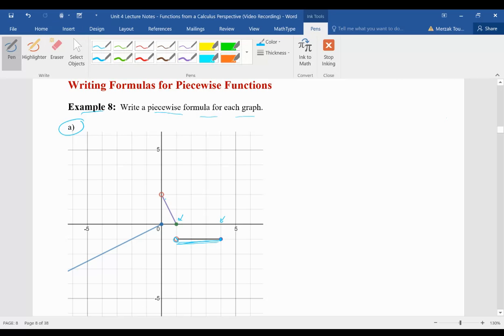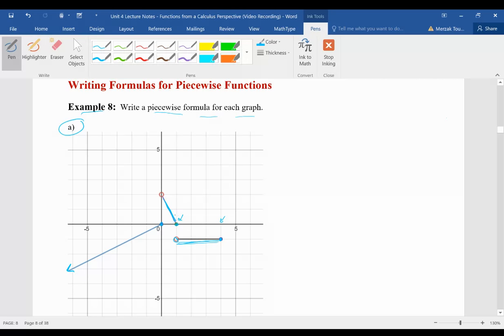Now the other segment, this one over here, it starts at x equals 0 and it stops at x equals 1. However, at x equals 0, we have an open circle. And the third one, I'm missing something in here, so it is a ray.